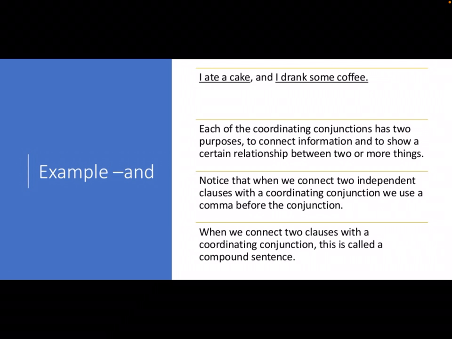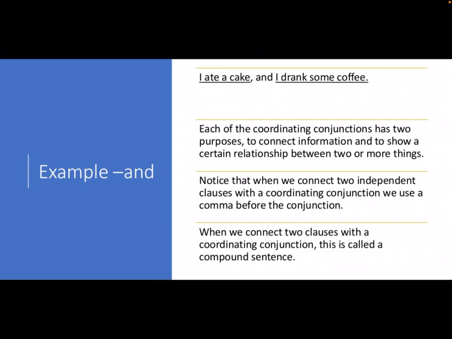Notice that when we connect two independent clauses with a coordinating conjunction, we use a comma before the conjunction. Like I said, when we are combining two independent sentences together, we must put a comma before the conjunction. قبل الconjunction لازم نحط فاصلة.